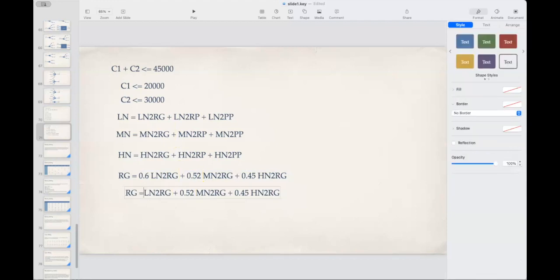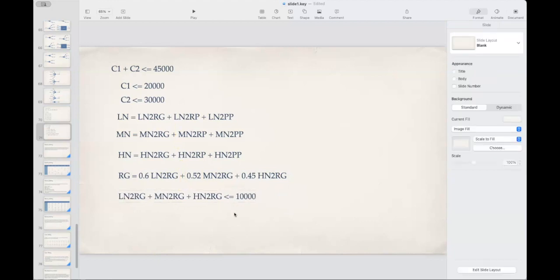So this one should be like this: Ln2Rg plus Mn2Rg plus Hn2Rg must be less than or equal to 10,000. No, because it's a different number. You see, if you use Rg as a product, right, but this one is the feed stream.